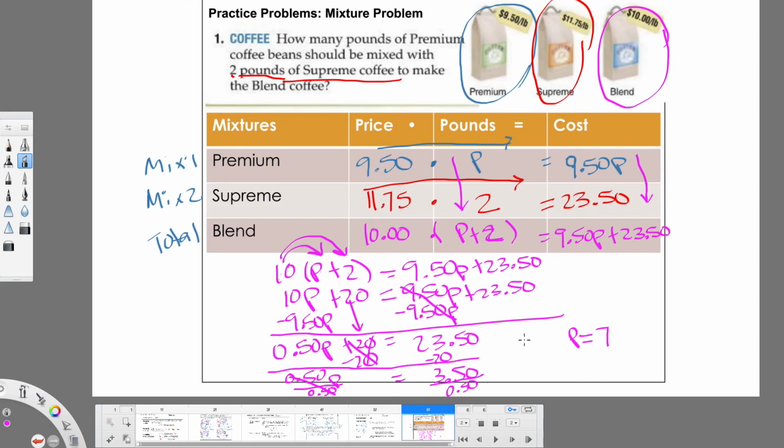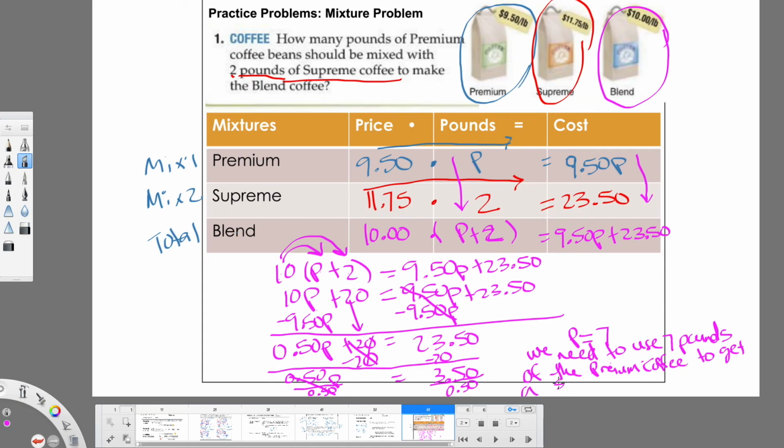We need to use 7 pounds of the premium coffee to get a $10 blend.